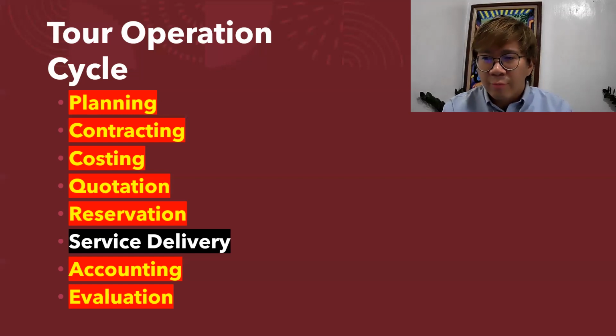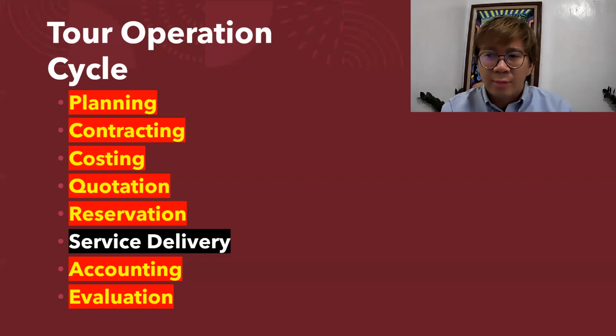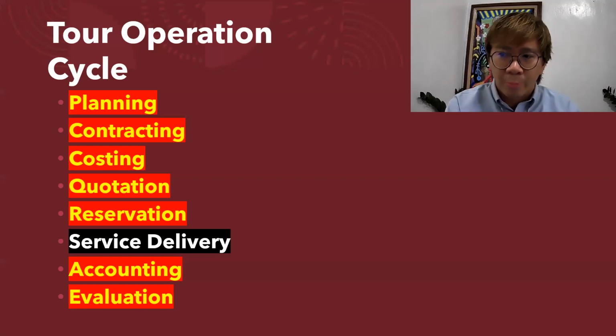So if you're traveling to third world countries or undeveloped countries, and you have a wheelchair-bound or wheelchair-assisted passenger, of course that will be very much of a challenge for them. So as a tour operator, you set the expectation that this destination could accommodate you, but of course that will entail a lot of inconvenience on your part. So basically, that's how we do it.